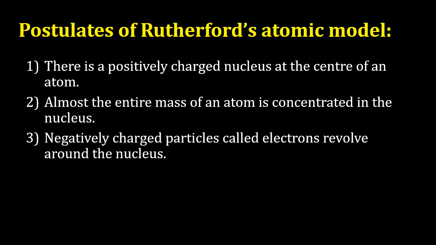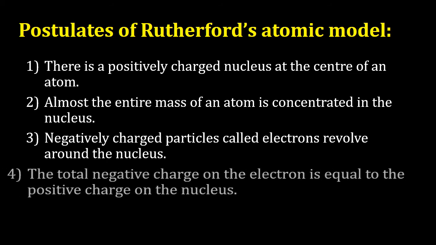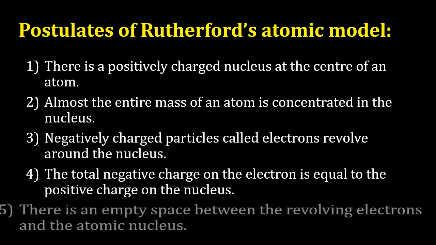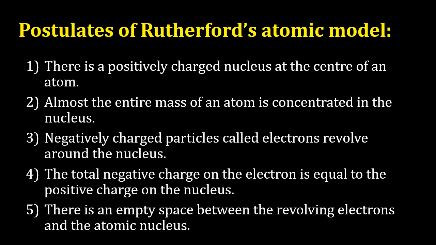Negatively charged particles called electrons revolve around the nucleus. The total negative charge on the electrons is equal to the positive charge on the nucleus. And lastly, there is an empty space between the revolving electrons and the atomic nucleus.